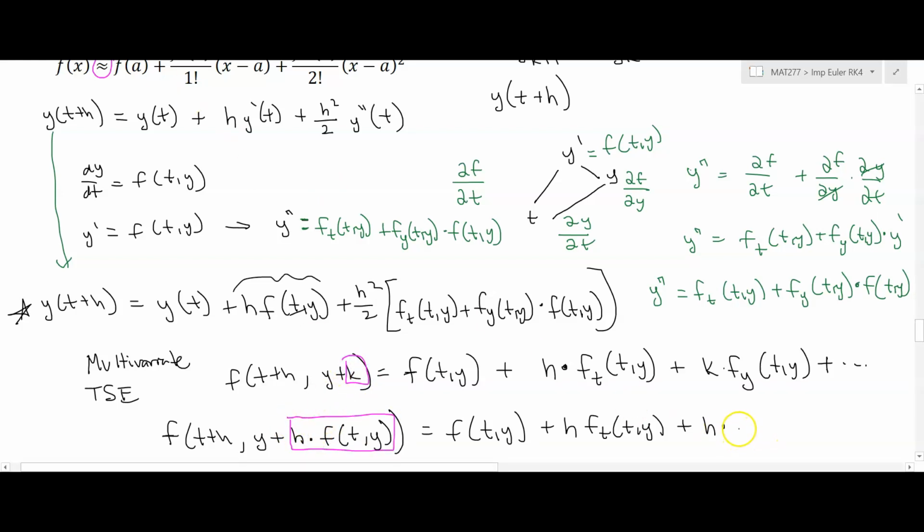So now I'm going to replace k with h times f of t comma y, and then that still multiplies f sub y of t comma y, plus etc. This will give us an exact expansion for this multivariable function. So this is the same thing except for multivariable functions where you're in 3 dimensions and you want to approximate a 3-dimensional surface instead of a 2-dimensional curve.